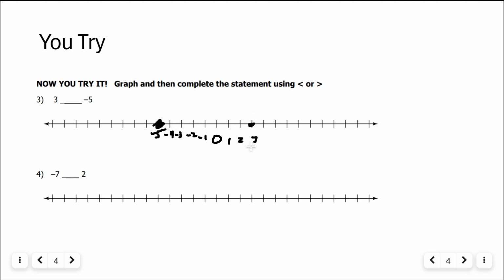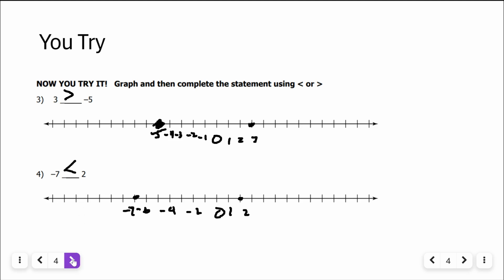So the 3 is certainly larger than the -5. 3 is greater than -5. -7 versus 2. So we'll put 0 on there. And then I'll go by 2s, I think. -2, -4, -6. Here's -7 right there. Versus 2. The 2 is certainly larger. So -7 is less than, it's smaller than 2.